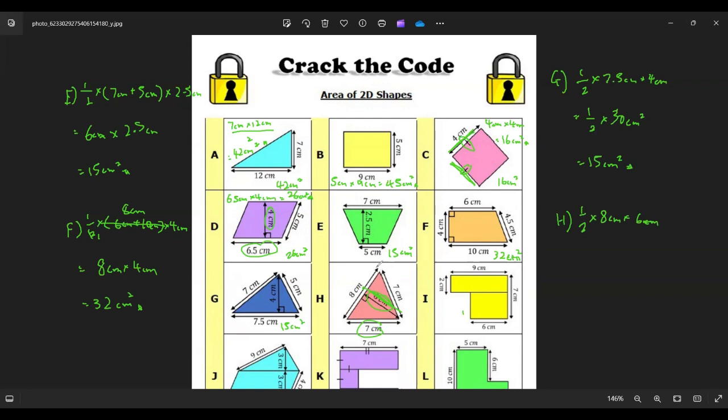So we will use this line as the base times 6 cm, which is the height. So I'll get 4 cm times 6 cm is 24 cm squared.